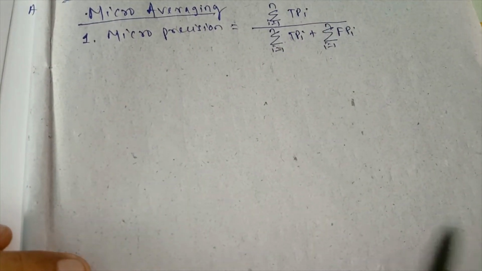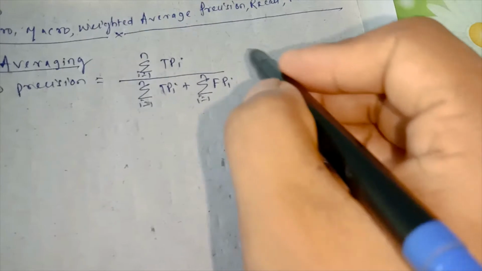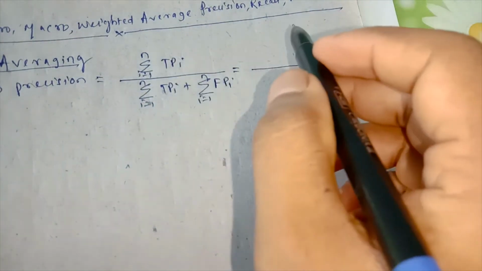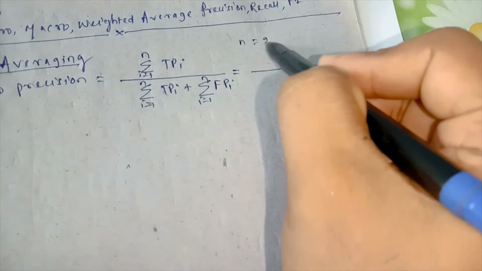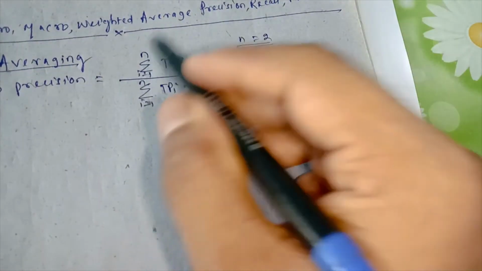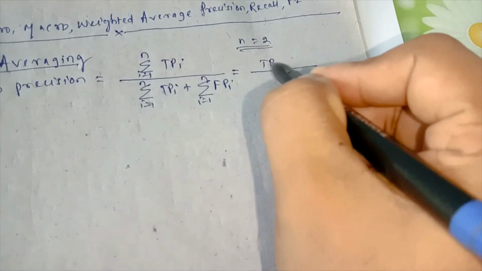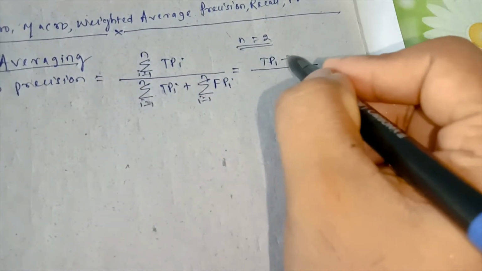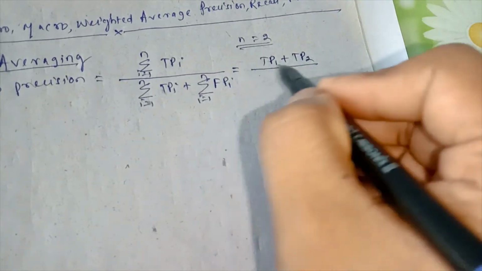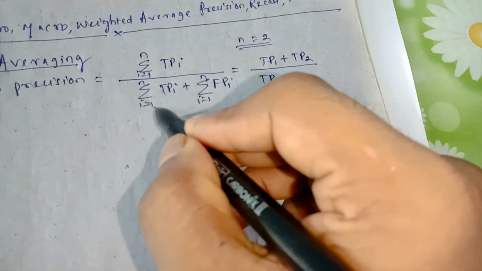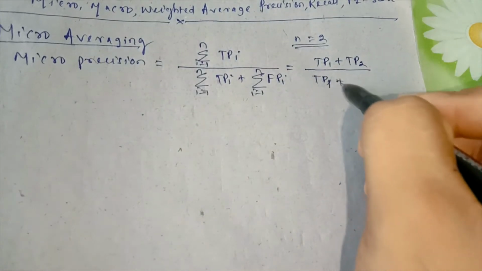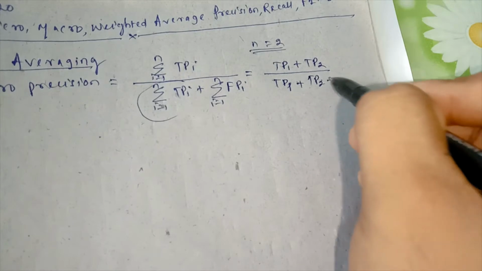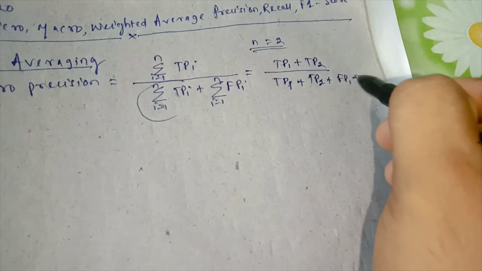So let's derive that further. For i equal to 1 to n, with the number of classes n equal to 2, the numerator becomes TP1 plus TP2, and in the denominator the TP sum also runs 2 times, TP1 plus TP2, plus FP1 plus FP2.